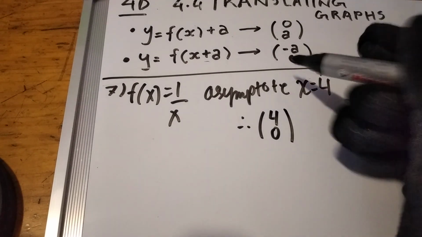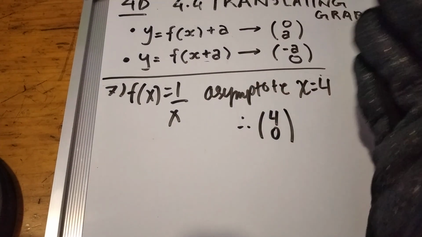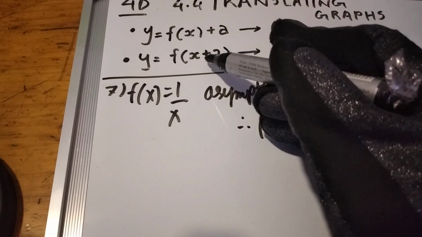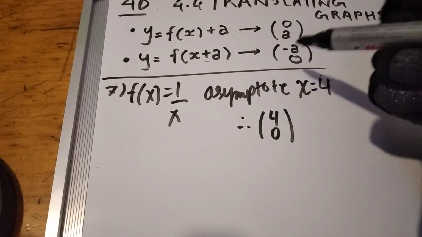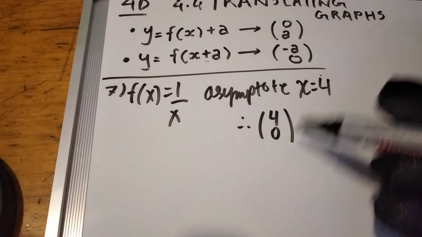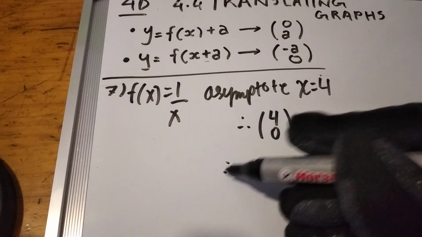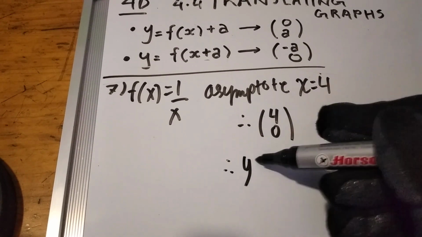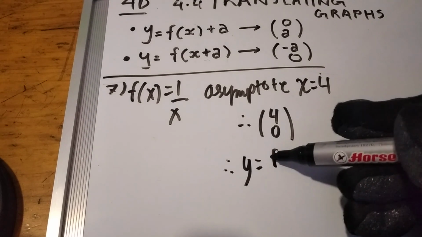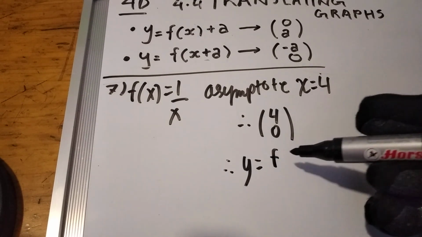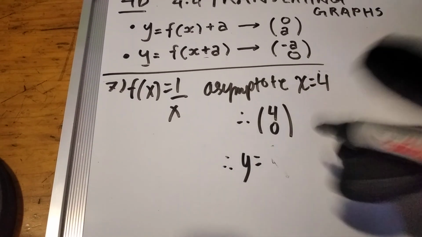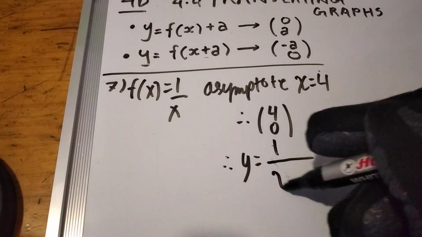And now we are reversing from here to here. First at number 6 we moved from here to here. Now we will move from here to here. So we have the coordinates, therefore the curve will be y equals 1 by x.